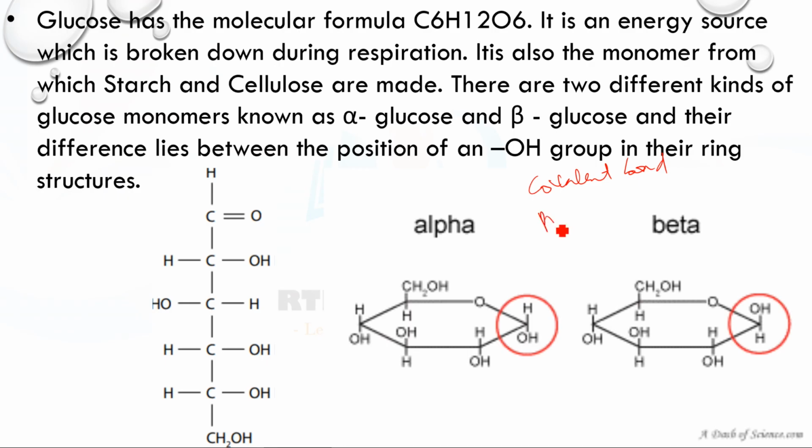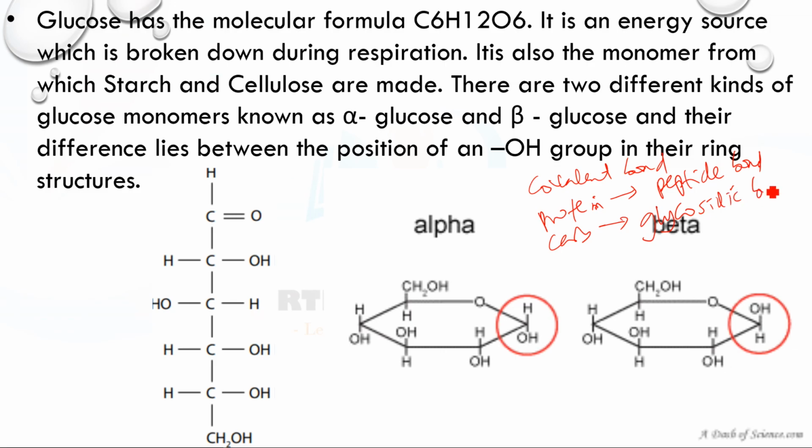Amino acids in protein are linked by a covalent bond called peptide bond. In carbohydrates, the monosaccharides are linked by a covalent bond called glycosidic bond.